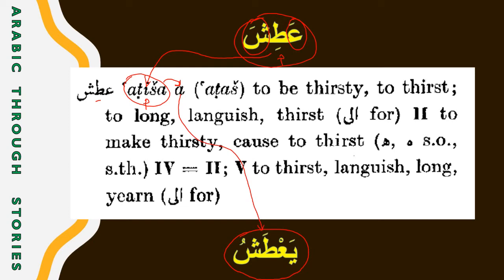No. So at this level, we are going to use the mu'jam for 2 or 3 purposes. One, what is the root letter? Two, what is the haraka on the middle root letter of the mudariya? And madi.